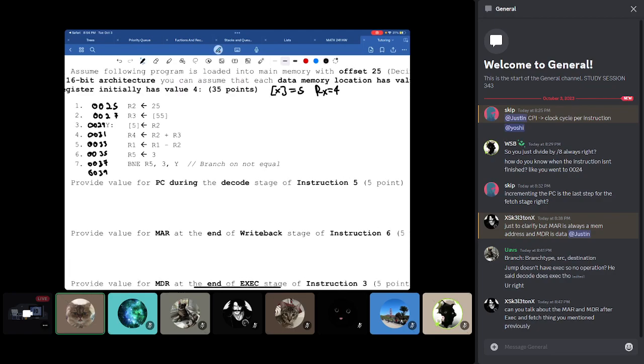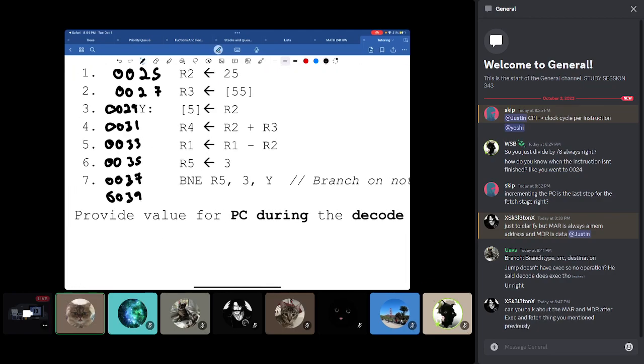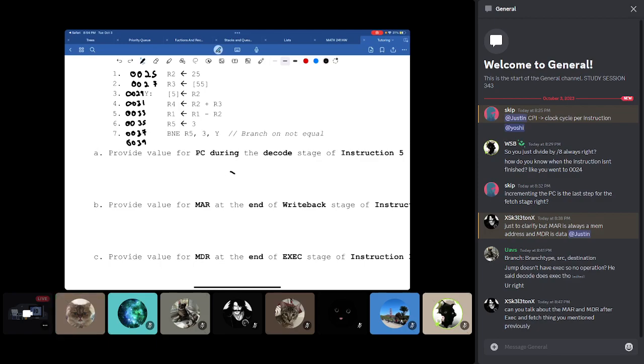So let's go to instruction 5. See, it's an R type, but again, that has nothing to do with PC. We know that once fetch has finished for this stage, that means we incremented it to the next instruction. So the answer here is going to be 0035. Okay.